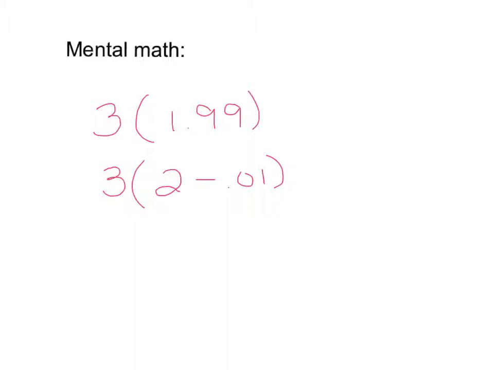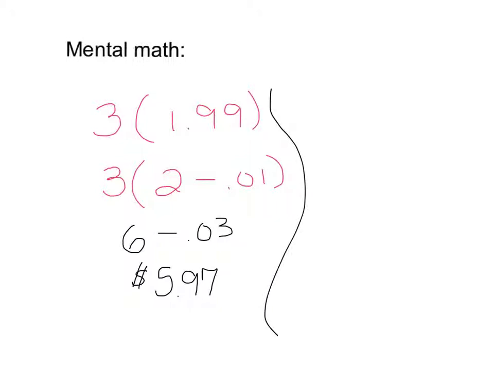So I would take $1.99, rewrite it as 2 minus 1 cent. Could distribute, 3 times 2 is 6. So thinking it's about $6, but then knowing that I would have to subtract then the 3 cents. So I would get my final amount of $5.97. So this is one example of using mental math.